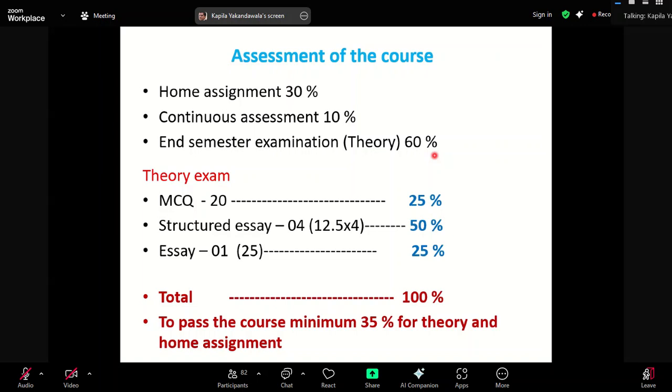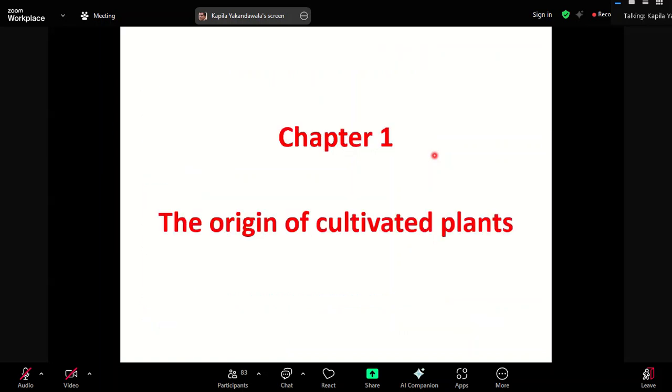You don't have to submit anything for attendance and entering the practicals; I will give 10%. Then in the exam you will get 20 MCQ questions, 4 structured essay questions, and 1 essay. With this very brief introduction, let me move to the topic, origin of cultivated plants.